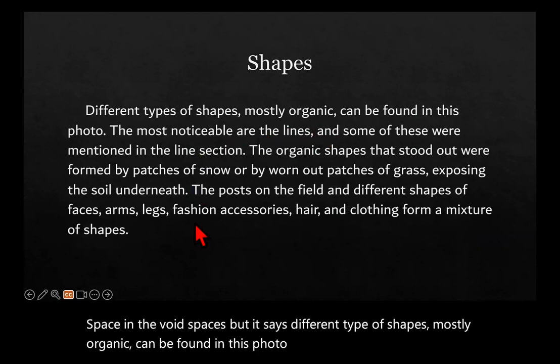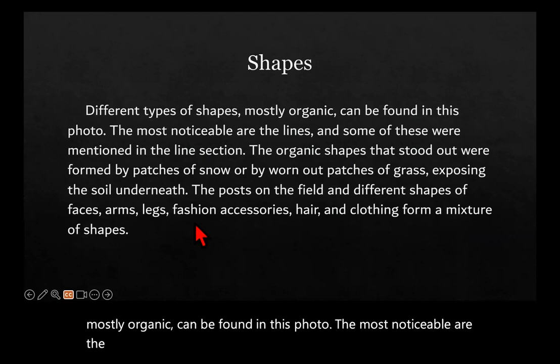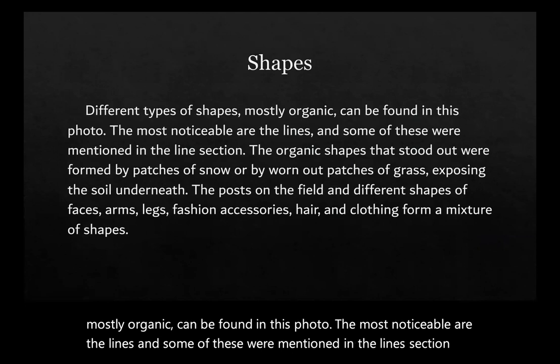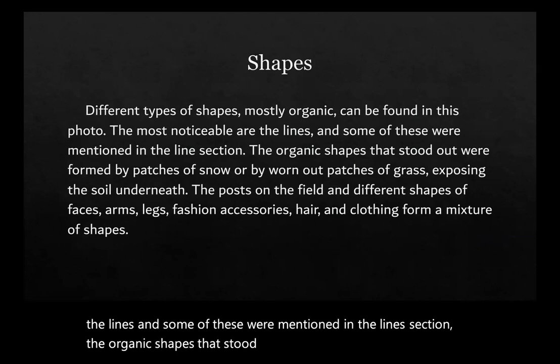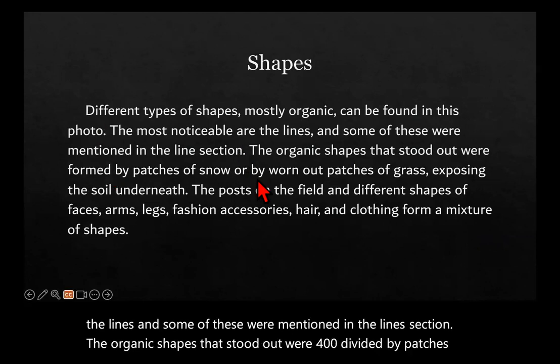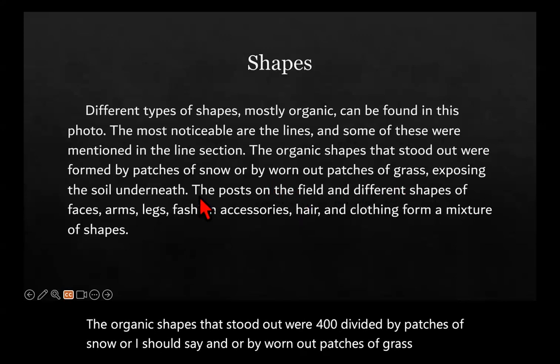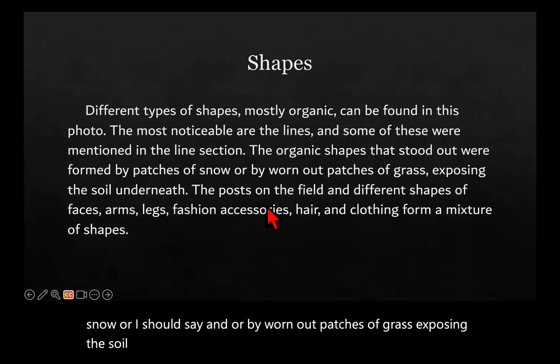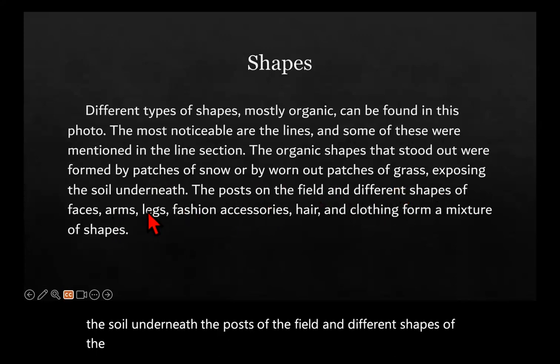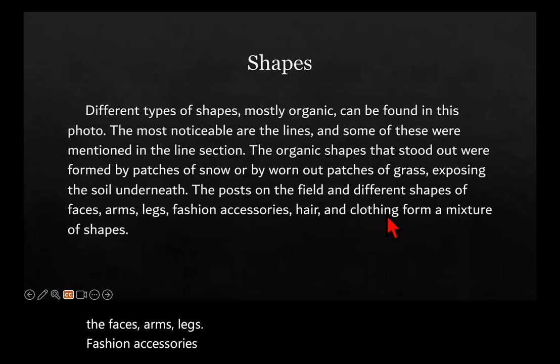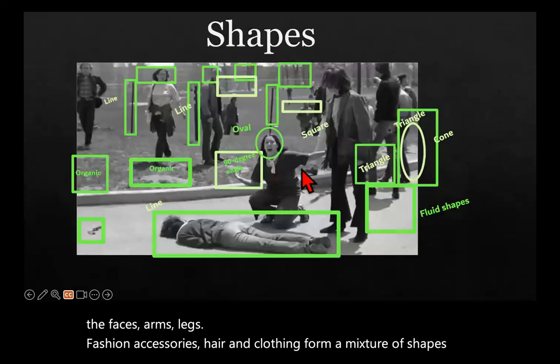The most noticeable are the lines, and some of these were mentioned in the lines section. The organic shapes that stood out were formed by patches of snow, or I should say, and or by worn out patches of grass, exposing the soil underneath. The posts on the field and different shapes of the faces, arms, legs, fashion accessories, hair, and clothing form a mixture of shapes. And let me show you.